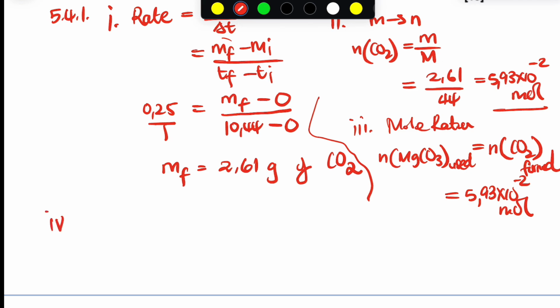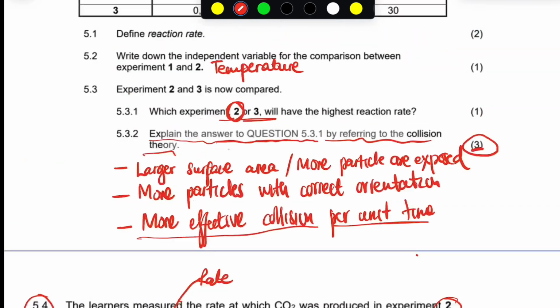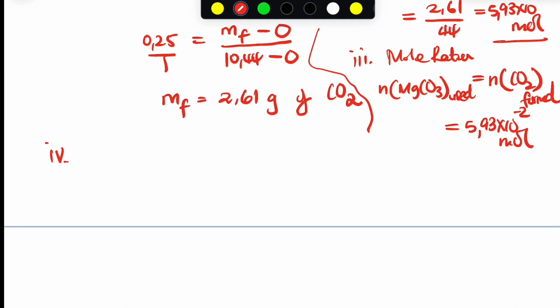And then step number 4, having that, now we have the number of moles of the magnesium carbonate, right? In step number 4, we're going to change the number of moles into mass, because the question wanted the mass. So number of moles is equal to mass over molar mass. So our number of moles is 5.93 times 10 to the power negative 2, and the mass is the one that we're looking for.